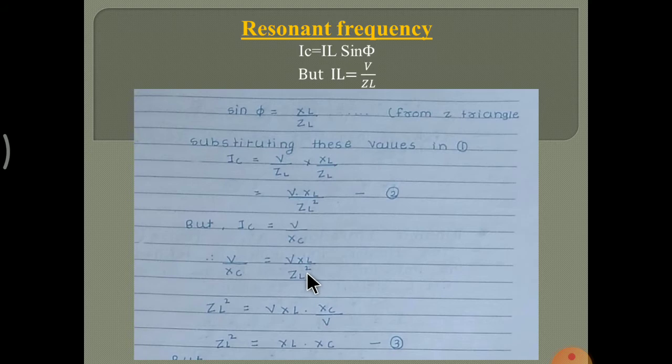Then take this ZL square to the left side, and take this term to the right side, then it gets reversed. So ZL square is equal to V into XL into XC upon V. Then this V gets cancelled, and what remains is XL into XC.